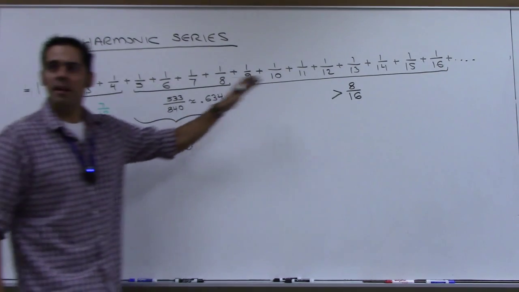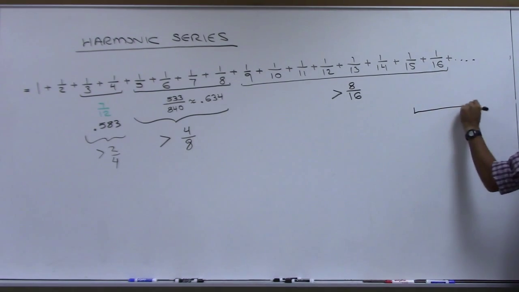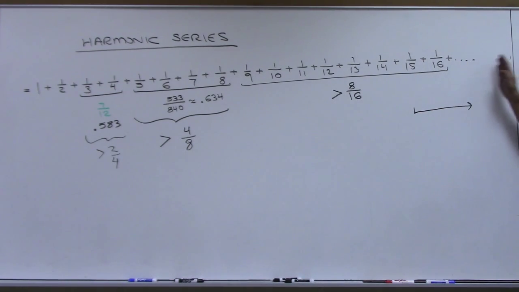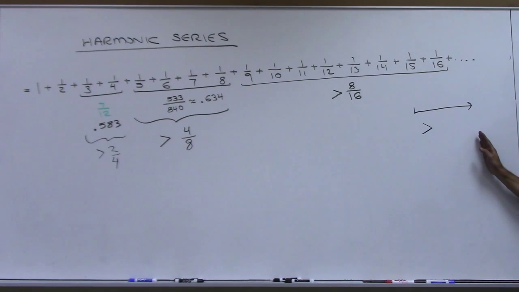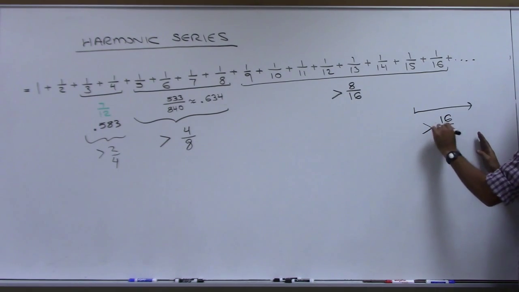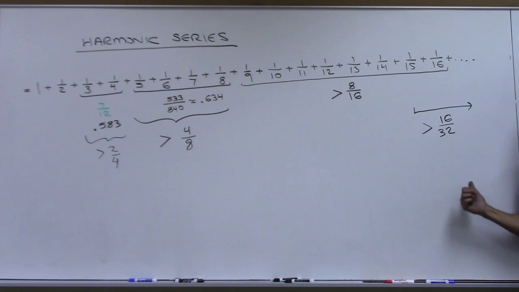They're all 1/2, right? So if I continue in my list and take the next 16, not 8, I can be sure that those added up should be greater than what? What do you think? 16/32. And if I take the next 32, they're all greater than 32/64.